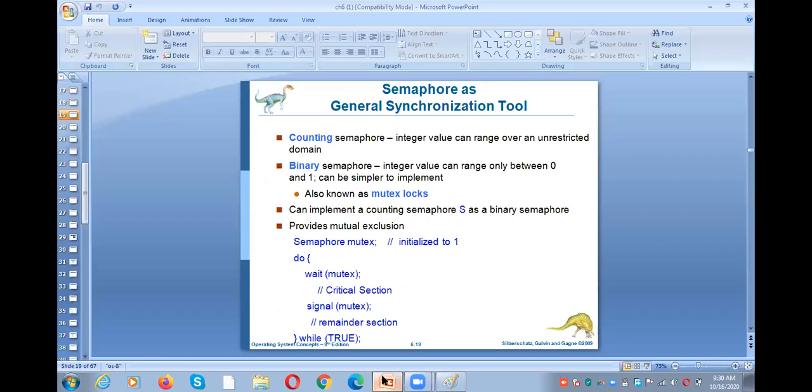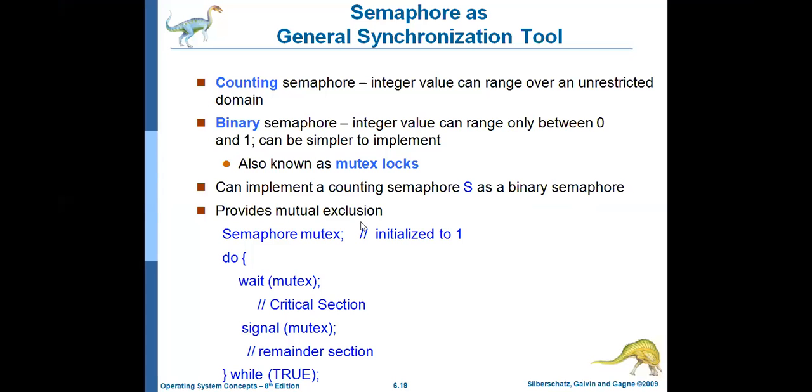Here, if you observe, earlier S was a semaphore, now it is a mutex. Let me explain one more thing about counting semaphore and binary semaphore. Binary semaphore means the semaphore can have either value 0 or value 1, so it is called a binary semaphore.